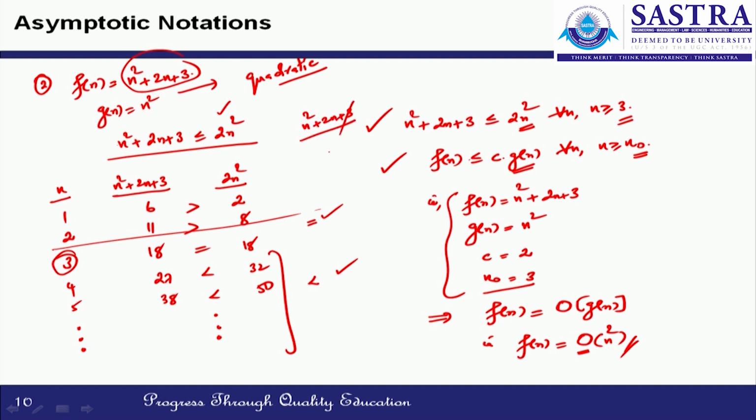The lower order terms, 3 and 2n, are ignored. The highest term is n square, in which the multiplicative constant is 1. So, 1 into n square is simply n square. This results in big O of n square computational complexity. So, f of n is equal to n square plus 2n plus 3, which results in n square, a quadratic computational complexity.